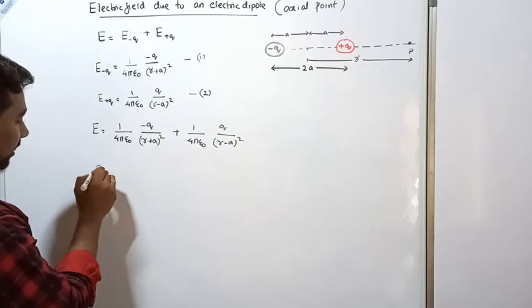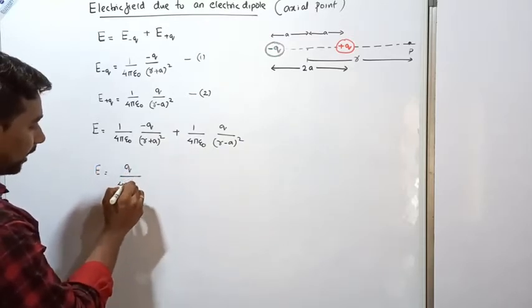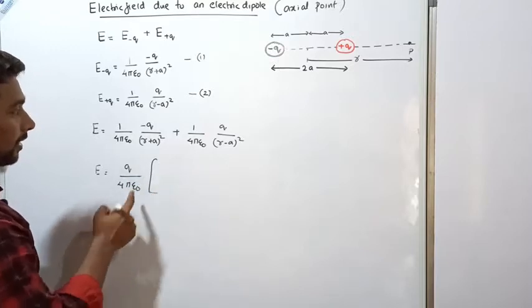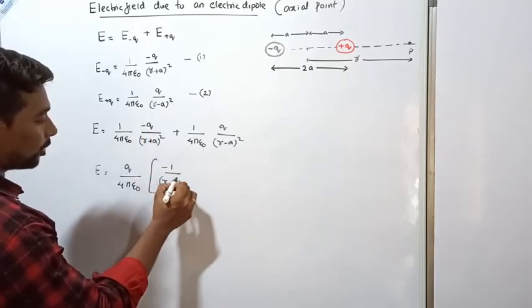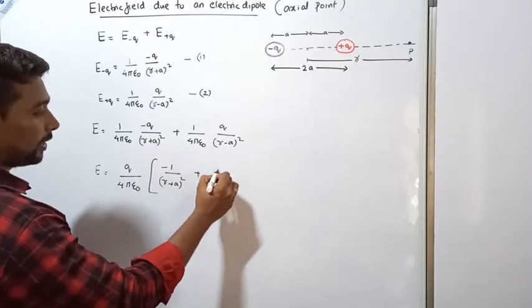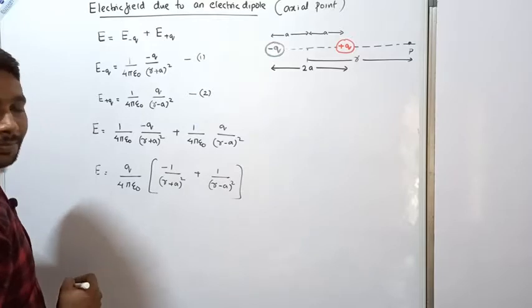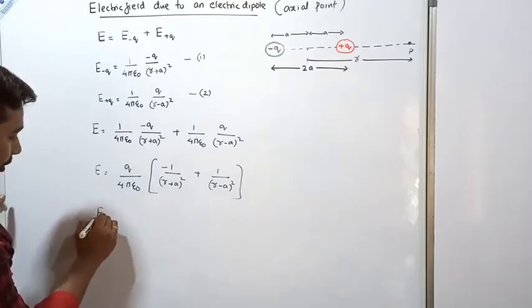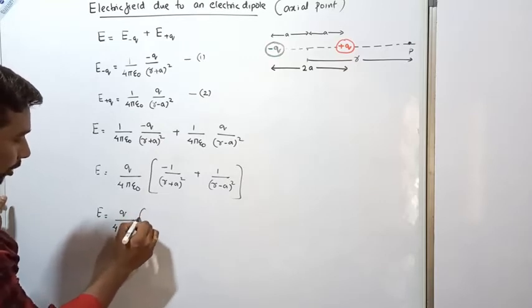You can take it outside, which is equal to q by 4 pi epsilon 0 times minus 1 by (r plus a) the whole square plus 1 by (r minus a) the whole square, right? Which will be equal to q by 4 pi epsilon 0.